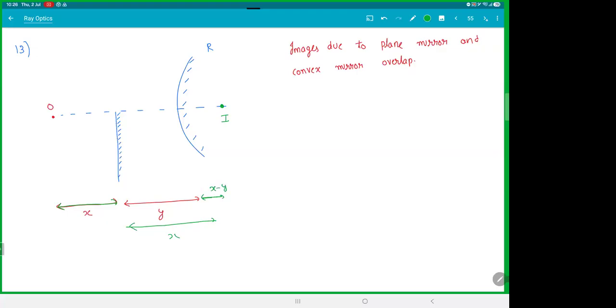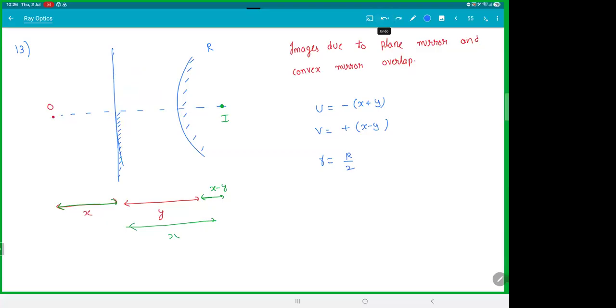That is for the convex mirror. So for the convex mirror, u will be minus of (x plus y). v is the image distance, which is plus of (x minus y). Hope the sign convention is fine, and f is equal to r by 2. So from the plane mirror, it will form this distance, and this distance must be equal, so that is x and x. But this middle distance is already y.